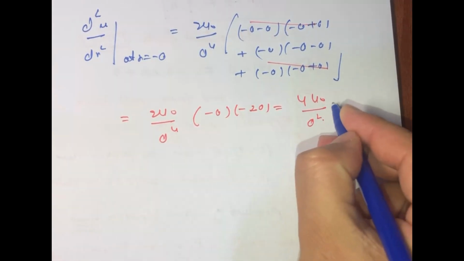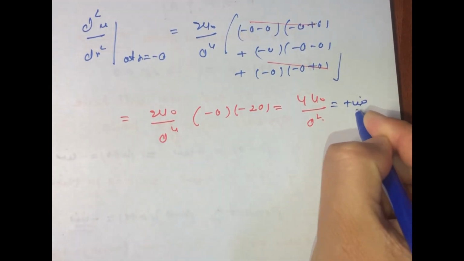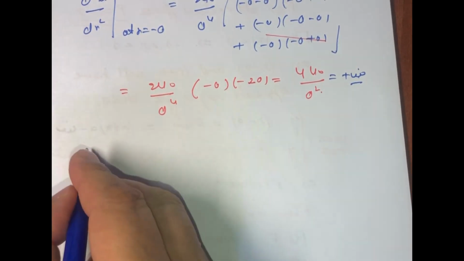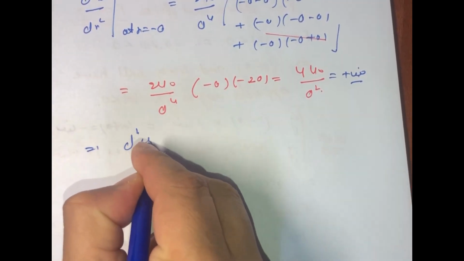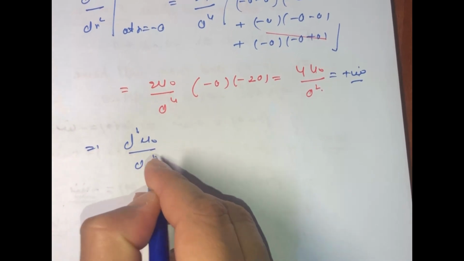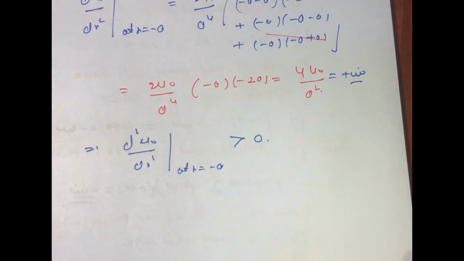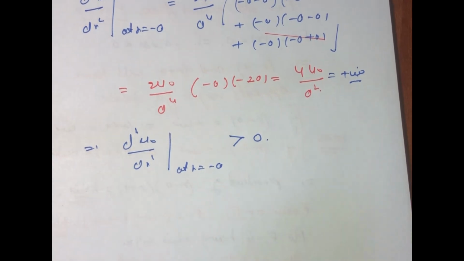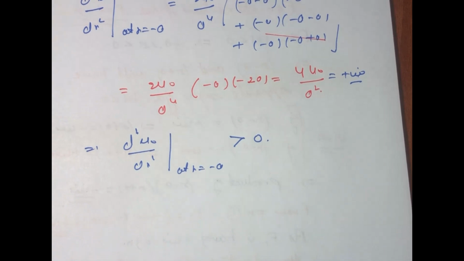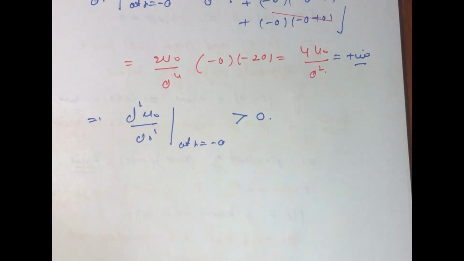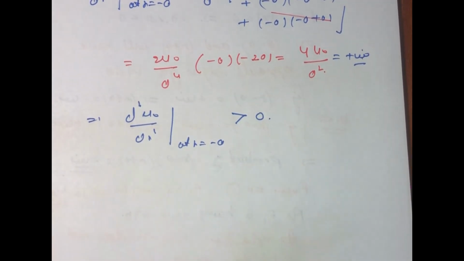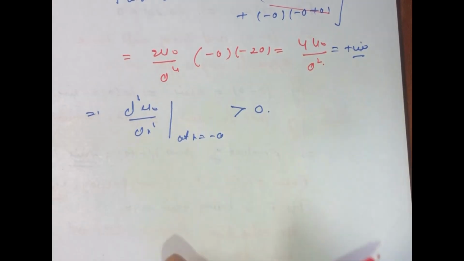From here we can say this is positive. Therefore, d2U upon dx square at x equal to minus a is greater than 0. So if it is greater than 0, we can draw one conclusion that this will be a point of minima.